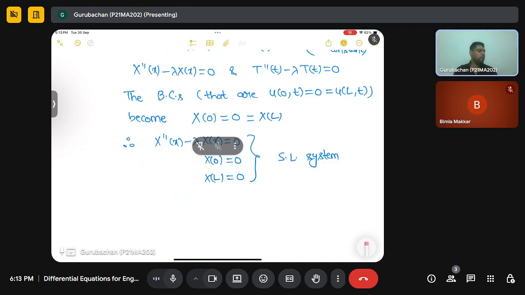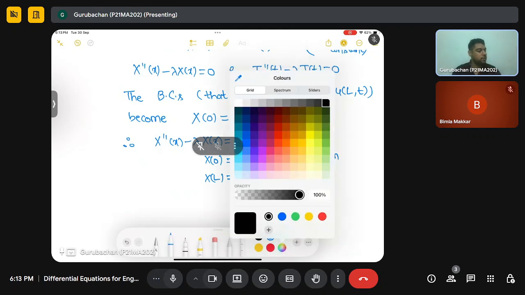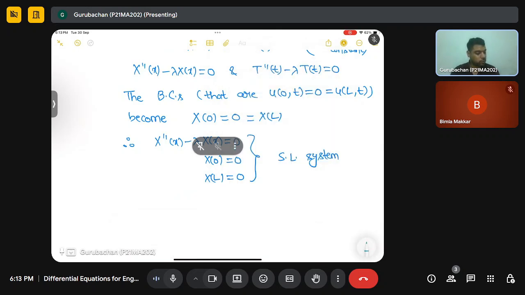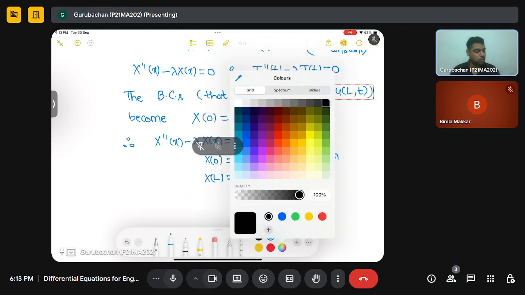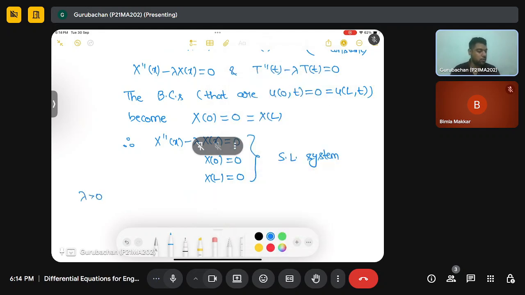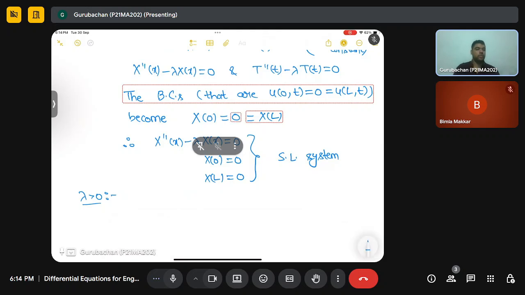If you remember what we do, we divide this into three cases: lambda may be 0, positive or negative. So let us start with case number 1. Suppose lambda is positive.